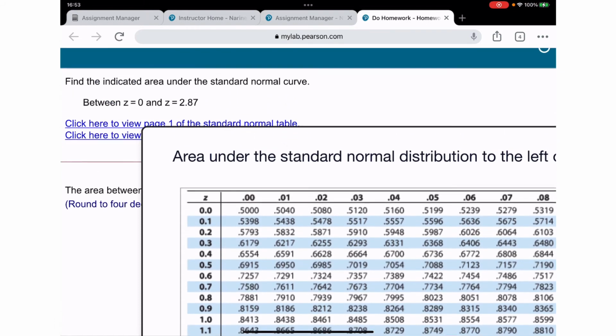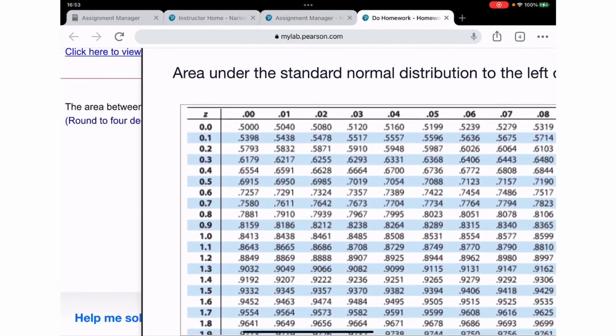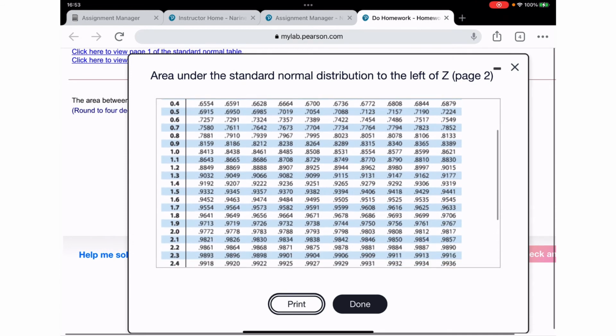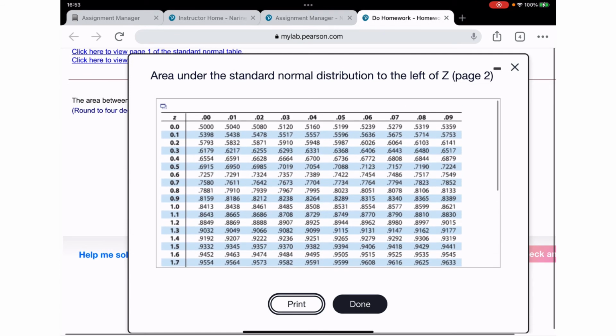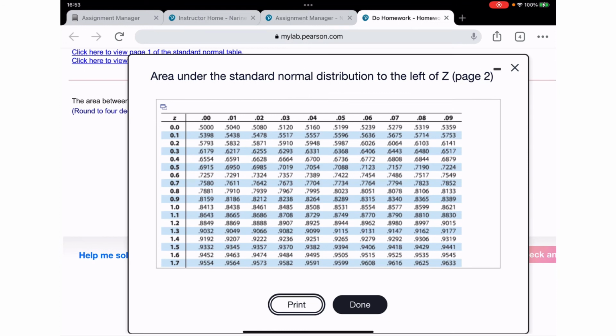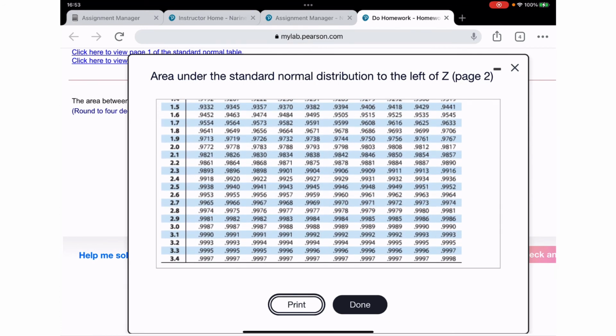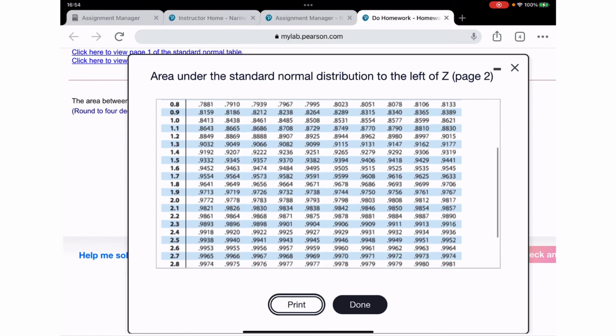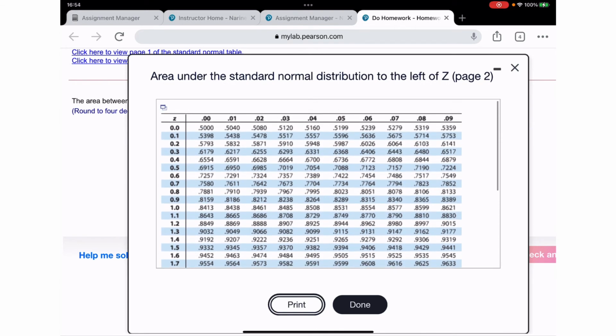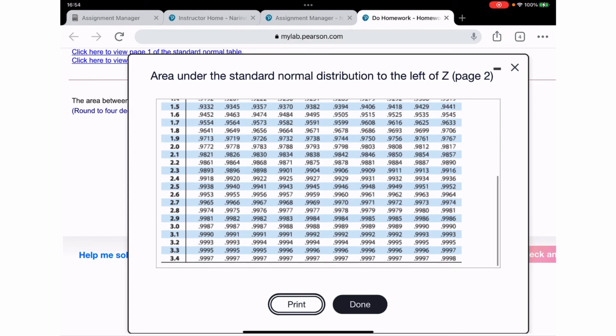And now we also need 2.87. 7 is going to be third column from the back, right? 2.8, and 7, 0.9979. So 2.87, 0.9979.